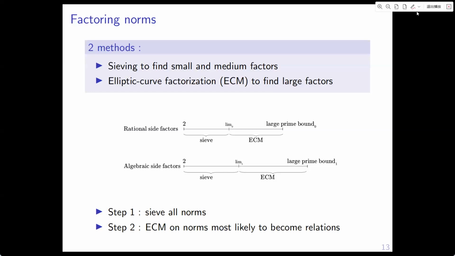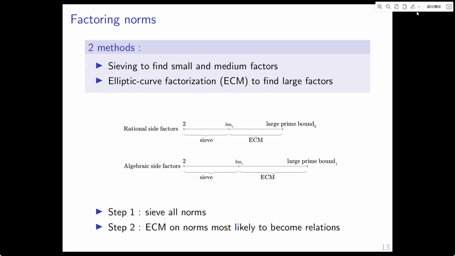So how do we go about factoring norms to get actual relations? We have two methods. For each side, each pair AB and each norm, we use two methods. The first one is sieving, to find small and medium factors. And the second one is the elliptic curve method, ECM, to find large ones.